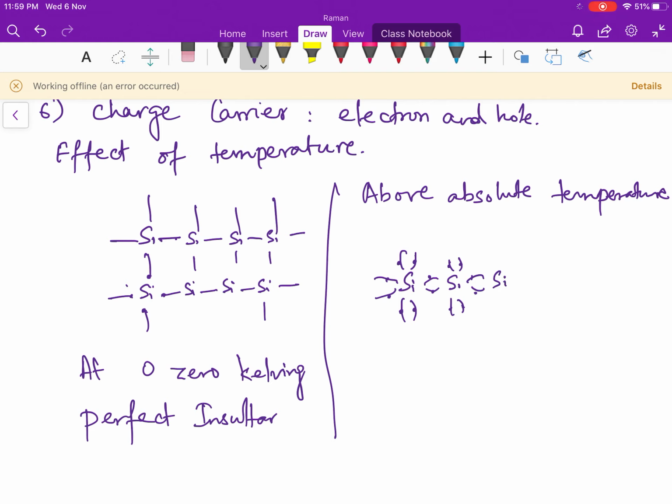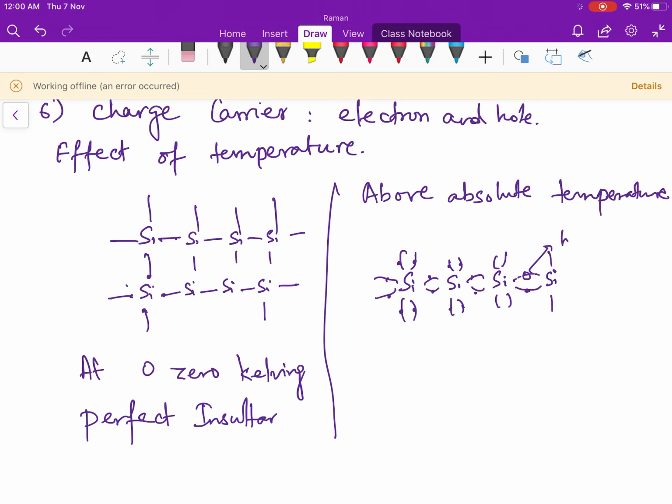So what happens? Any one of the silicon bonds breaks, so we make it in dotted line and this one in the bold line. So it is having an electron, and here there is a vacancy of electron. This vacancy of electron is called hole. So basically above 0 Kelvin, because of thermal energy, the bonds are broken.